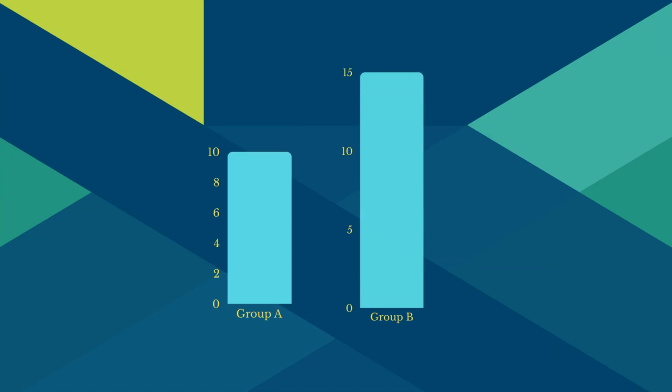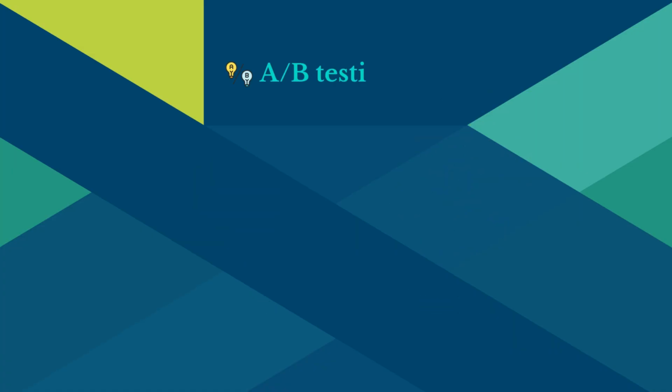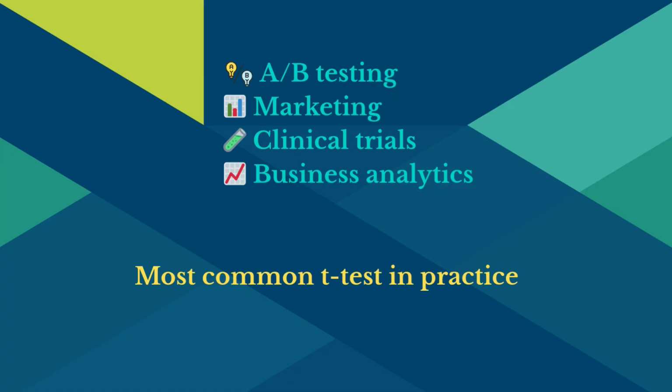Here the t-test compares the difference between two group means relative to variability within each group. Now the key question is, are these two group averages genuinely different or could the observed gap be explained by random variation? The t-test is everywhere: A/B testing, marketing experiments, clinical studies, business analytics. When people casually say t-test, they usually mean this one.